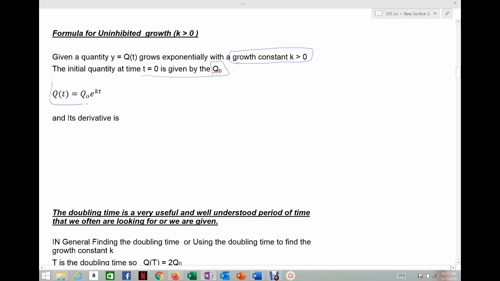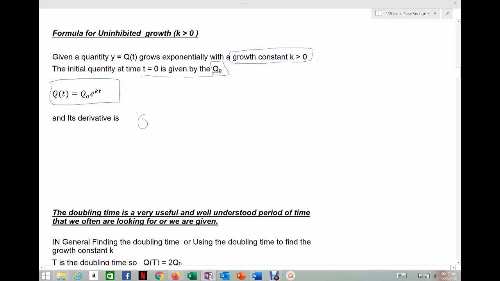And so this is the uninhibited growth equation, which you do need to know. That's one of those things you just need to know, and hopefully you've seen it somewhere before. What's unique about this is its derivative.